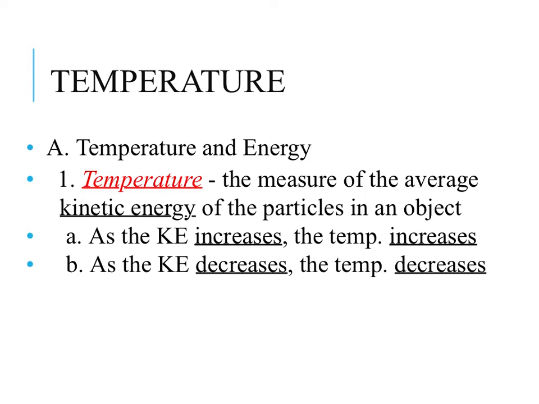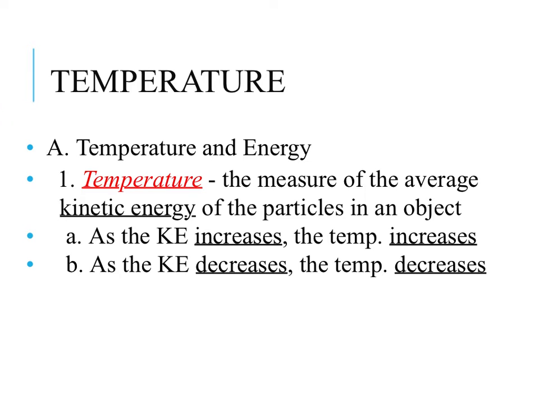If we think all the way back to when we first talked about types of matter, we said that in solids the particles are really close together, but they're just vibrating back and forth. Whereas our fluids are free-flowing, and then our gases are moving really, really quickly and filling the entire volume, okay?